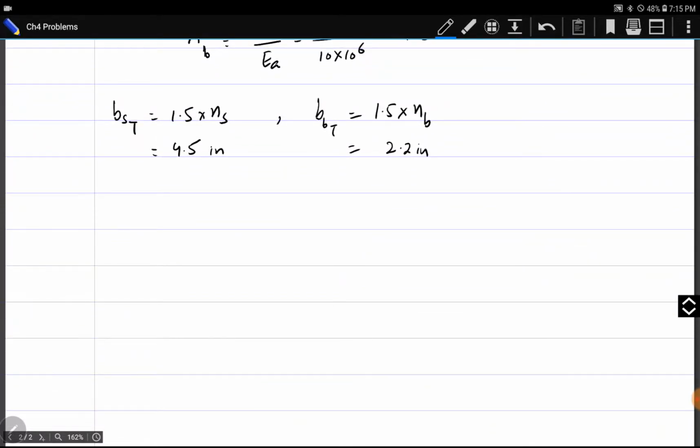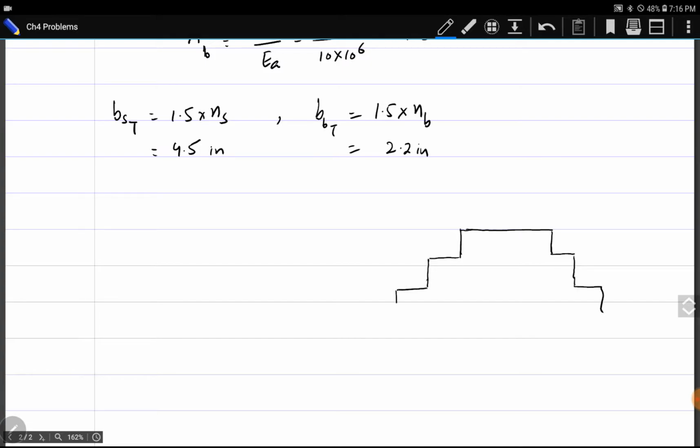So I will draw it. Outermost section was aluminum. It will remain the same, 1.5. Next section was brass. It will increase. It is 2.25 now. And the third one is steel. It has further increased.